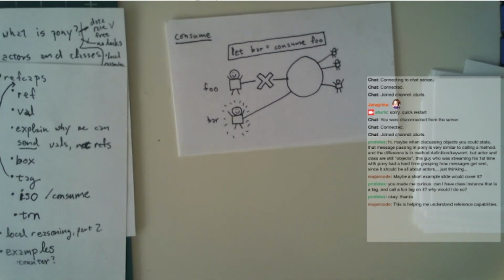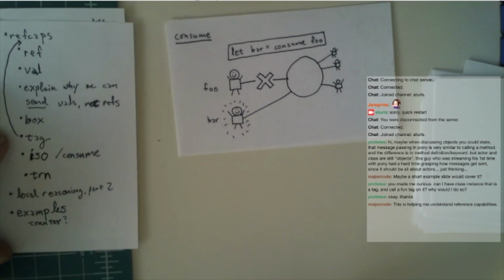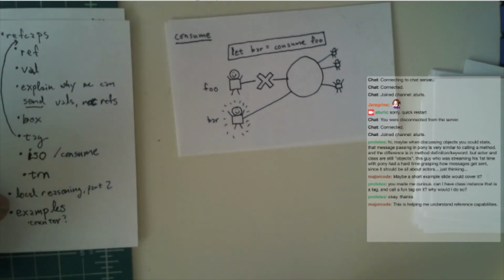So you can create a val, but you can't create an iso from a trn. And a tag, if you consume a tag, that doesn't really do anything for you. So I guess that's kind of the local reasoning part too that I had wanted to talk about.